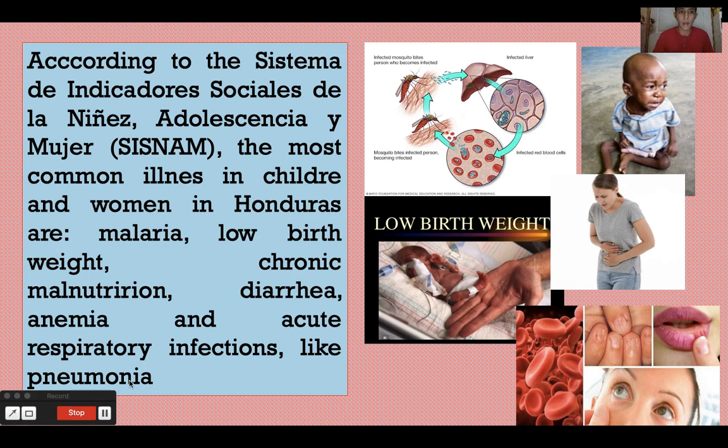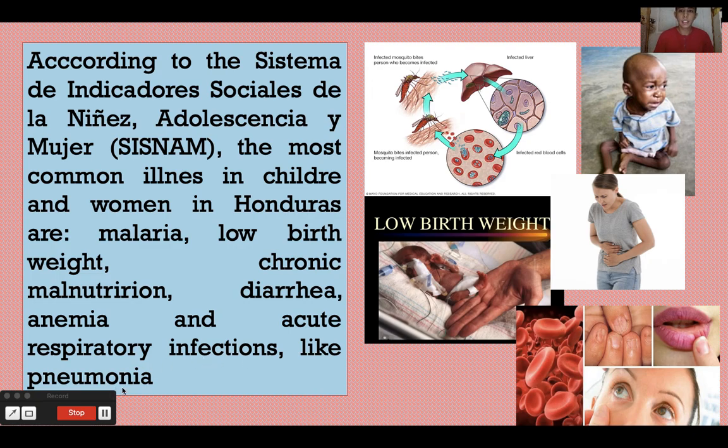So write in your notebook: malaria, low birth weight, sorry, chronic malnutrition, diarrhea, anemia, acute respiratory infections, and pneumonia.